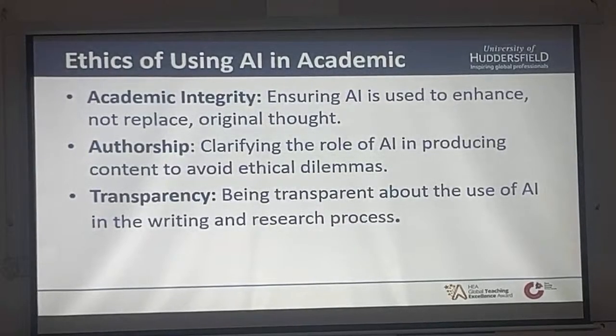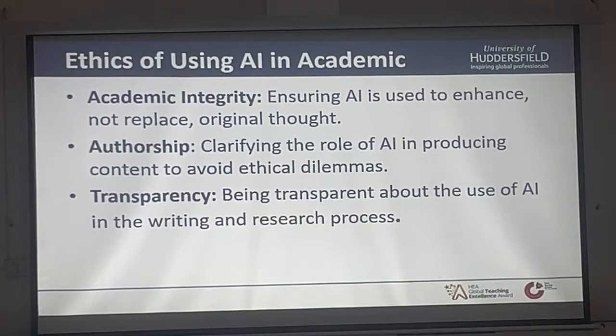Ethical use of AI in the medical field, I'll be talking about tomorrow. And then it's more about academic integrity, ensuring that AI is used to enhance, not to replace, the original part. This is very important.